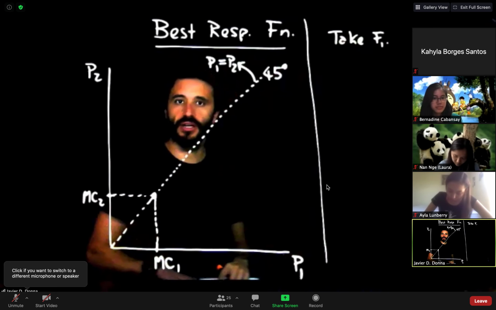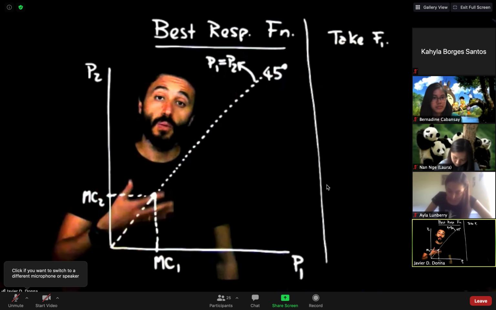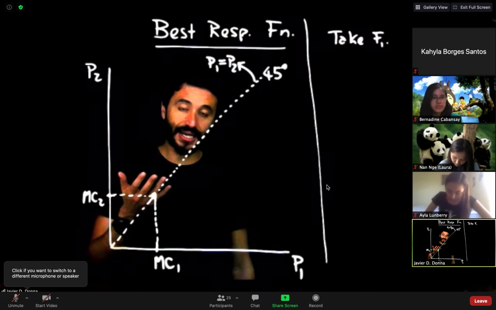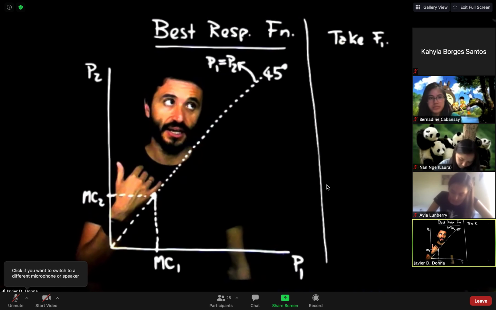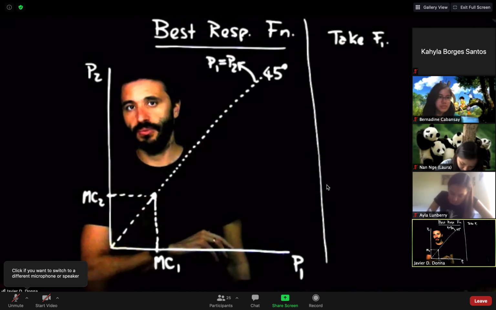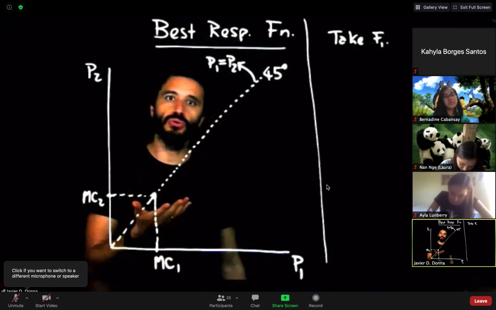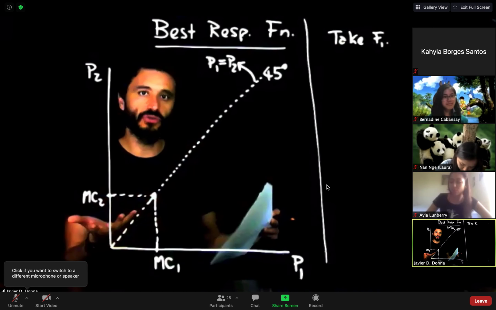What is the best response function? The best response function tells what's the best that firm 1 can do to maximize their own profits, given what the other firm is choosing. So I need to see what the other firm is doing.